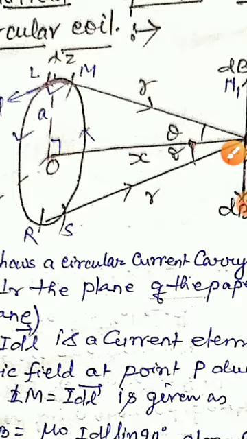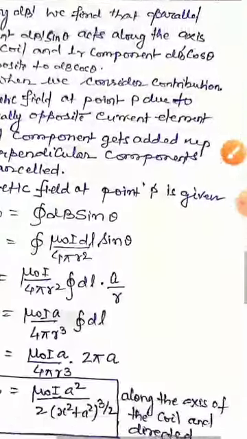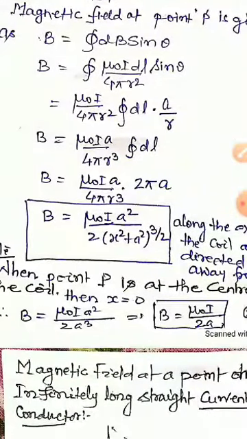So substituting these values, we will get B is equal to mu naught I a square divided by 2 (x square plus a square) in bracket raised to the power 3 by 2, and it is directed along the axis of the circular coil pointing away from the coil.